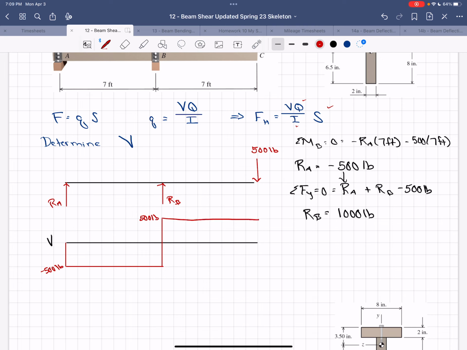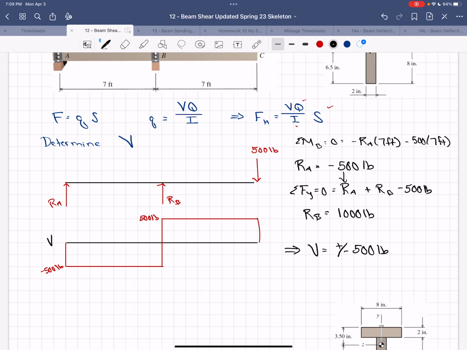Nothing happens. Then when we get to the end, it jumps down by 500 pounds and we close. So that means our shear throughout the beam equals a positive or a negative 500 pounds.